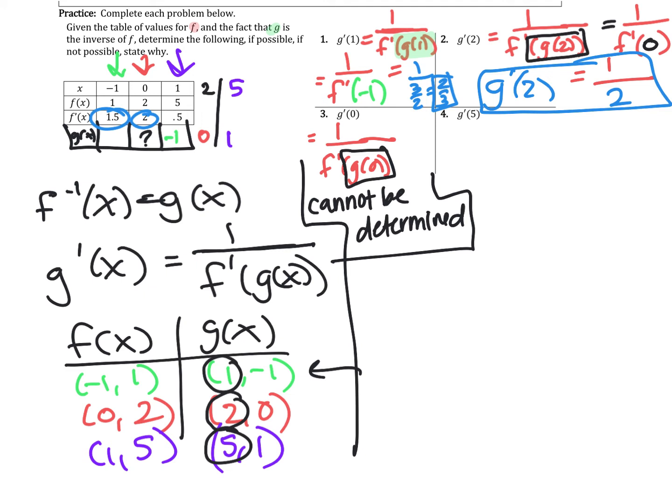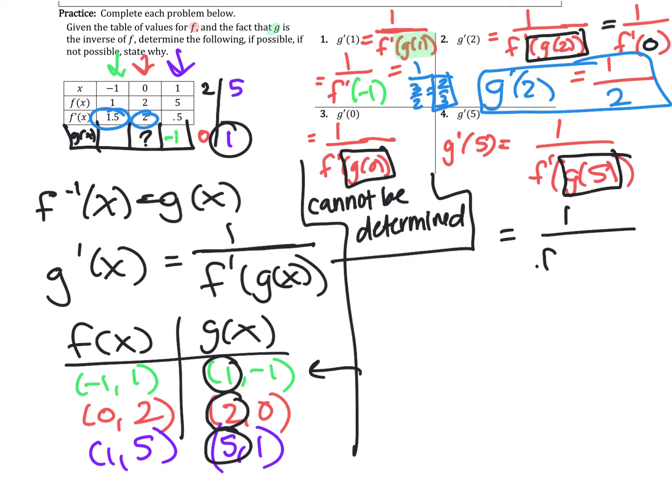Okay, number 4. g prime of 5 is going to equal 1 over f prime of g of 5. So I'm going to look at the table. Can I figure out what g of 5 is from the table? g of 5 is 1. So this is going to equal 1 over f prime of 1. Can I figure out what f prime of 1 is from the table?